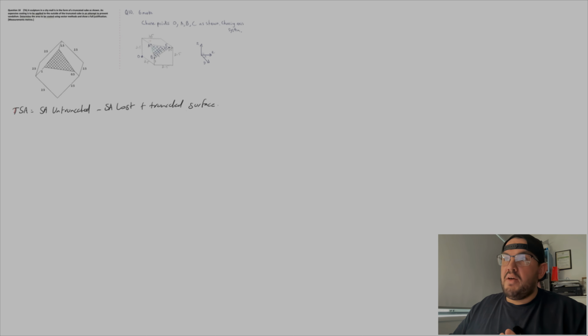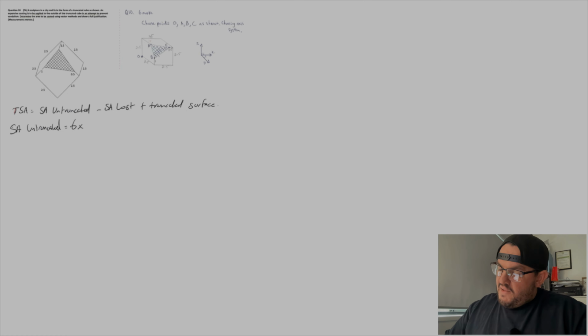Straight off the bat, you should be able to do the surface area of the untruncated cube, so the whole thing. So surface area of untruncated is going to be equal to, there's 6 sides. To figure out the area of one square, it's just going to be side by side, or side squared, whichever way you want to do it.